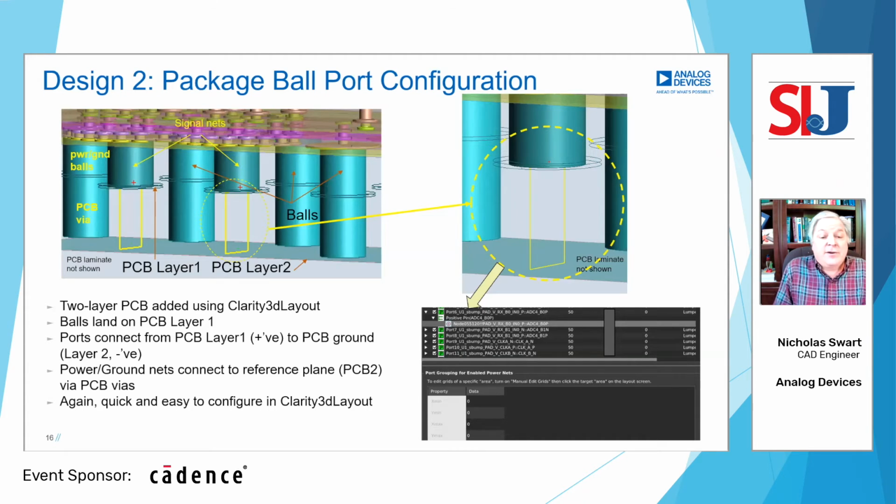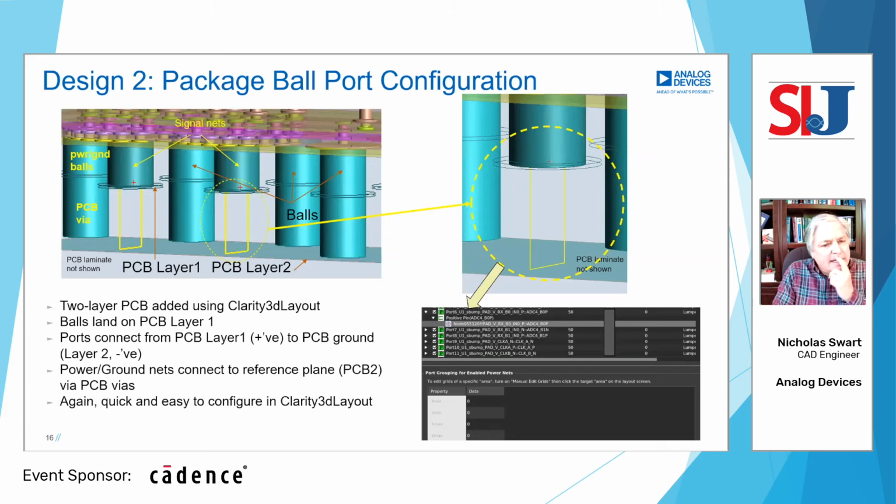And again, this is also very quick to set up in Clarity 3D Layout. Once you know how to do it, it's a minute or 2 at most. So maybe 5 minutes from the time this design was brought in from Allegro to the point where we were able to start simulating. Subject to getting the laminate cross section all correct and so forth, but once that's done, it's very quick.